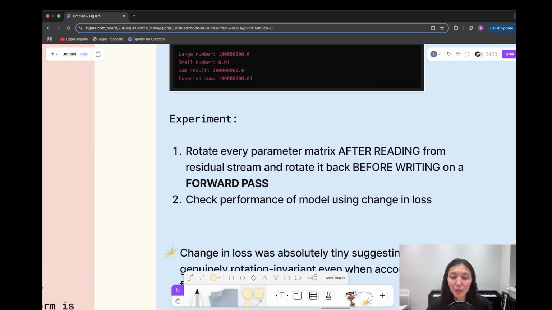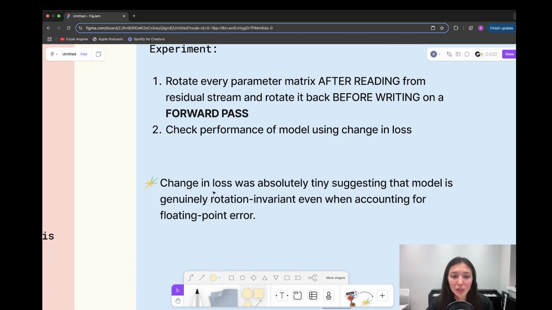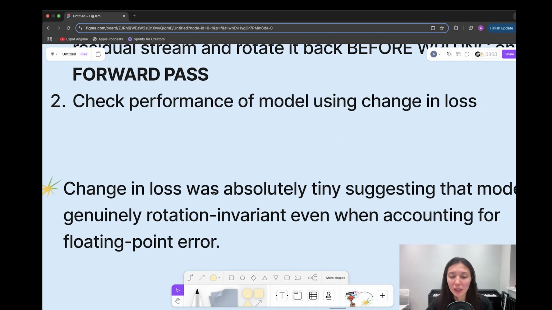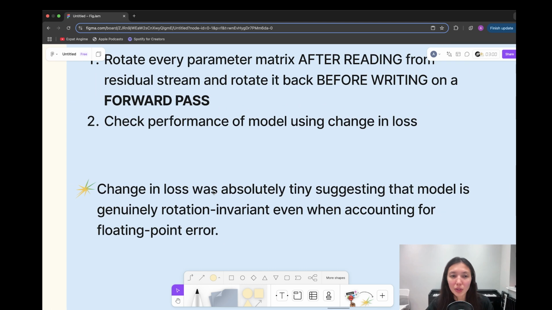The setup of this experiment was to rotate every parameter matrix between read and write operations from the residual stream on a forward pass. And then they checked the performance of the model using change in loss. The result was that the change in loss was absolutely tiny, suggesting the model is generally rotation invariant even when accounting for floating point error.